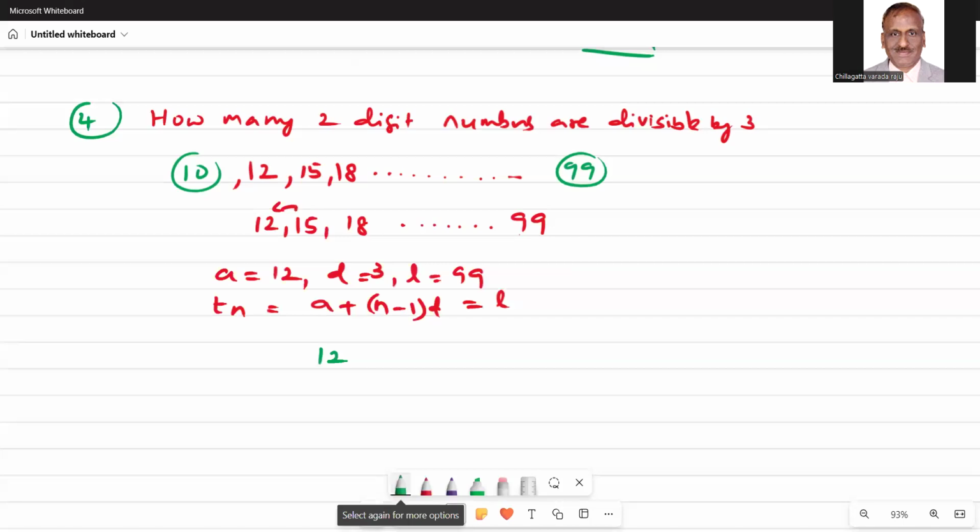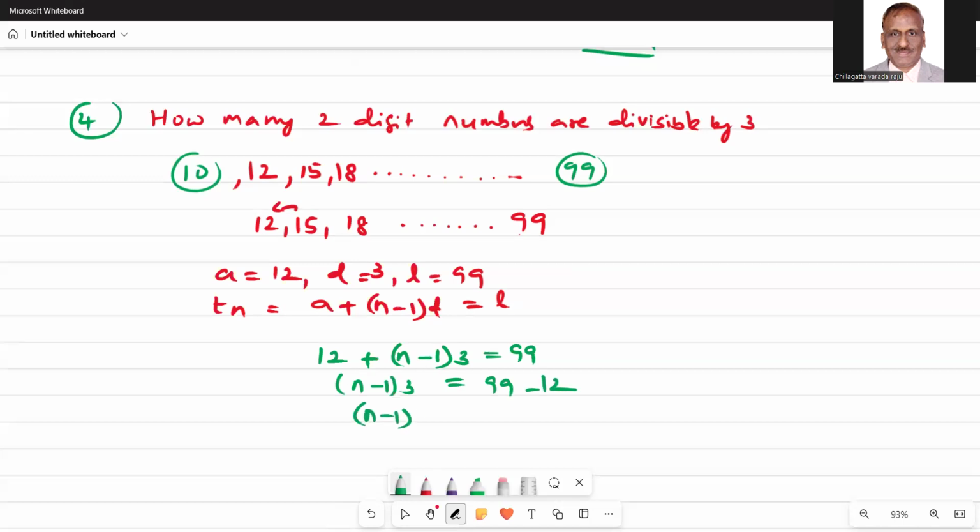It is 12 plus n minus 1, we don't know how many terms there are, into common difference 3 is equal to 99. So n minus 1 into 3 is equal to 99 minus 12. Okay, sir. So n minus 1 into 3 is equal to 87. So divide both sides by 3.